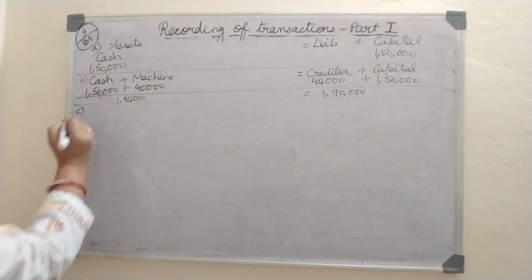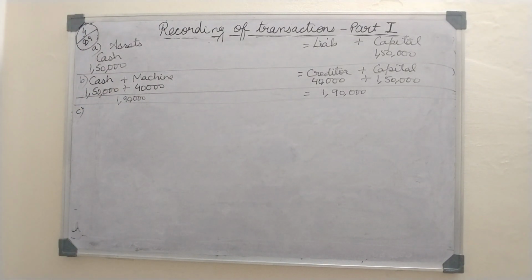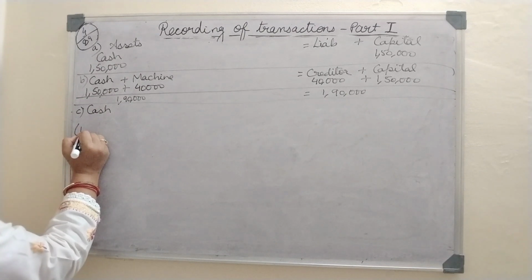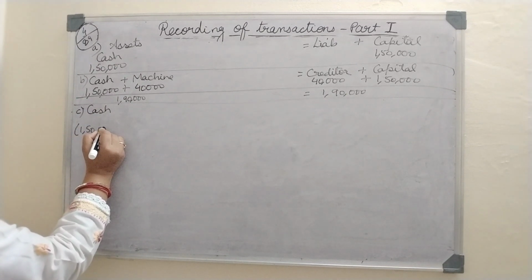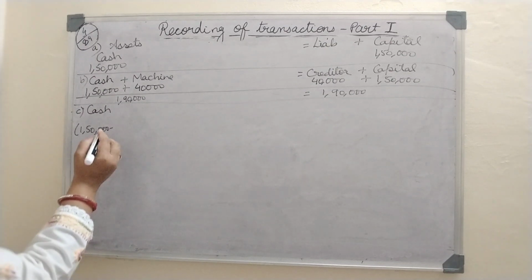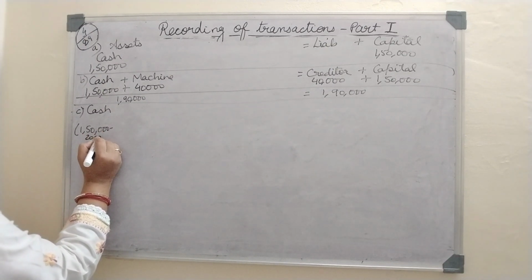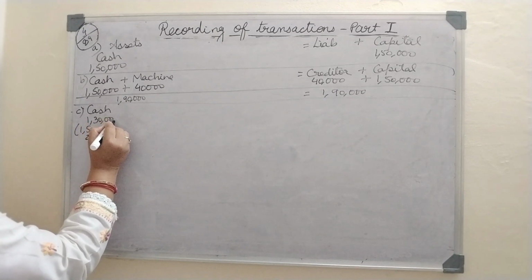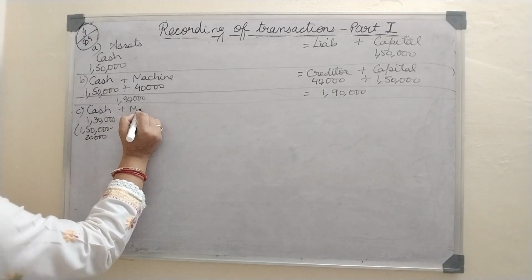Okay. Now next we have purchased goods for cash. Purchased goods for cash means very clear, very simple. Out of cash we are deducting 20,000. One lakh 30,000.